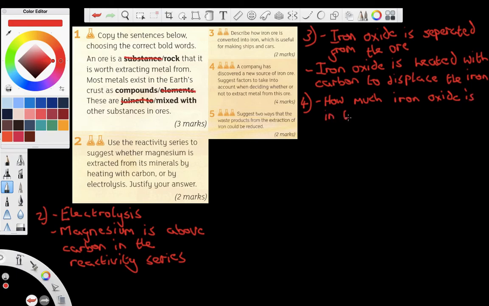It's no good spending a lot of money mining an ore that only contains a small amount of iron. Another one is if the iron can be extracted easily from the iron ore.